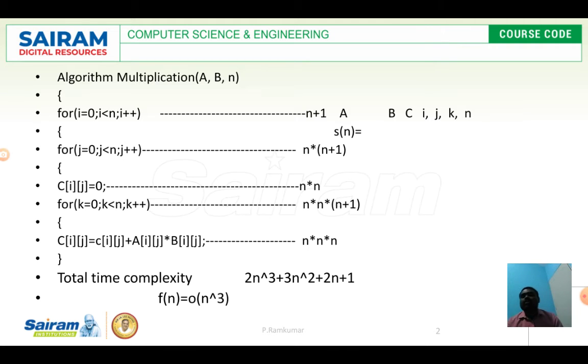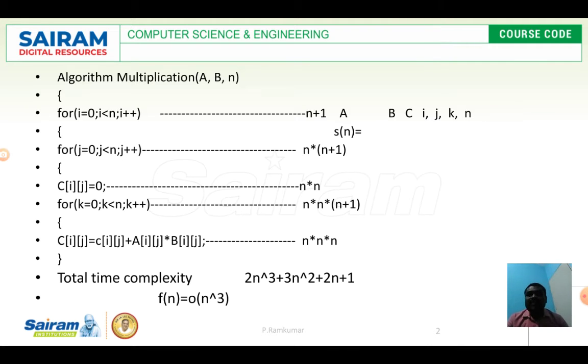Then the next for loop, for k equal to 0, k less than n, k plus plus. In this statement, k equal to 0 takes 1 unit time, k less than n takes n plus 1 number of times, because n times it is true and the last time it is false. Then k plus plus is also executed n number of times. As many times as the below statement is executed, it is multiplied by n.